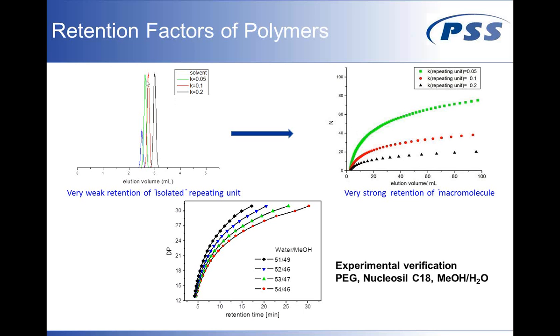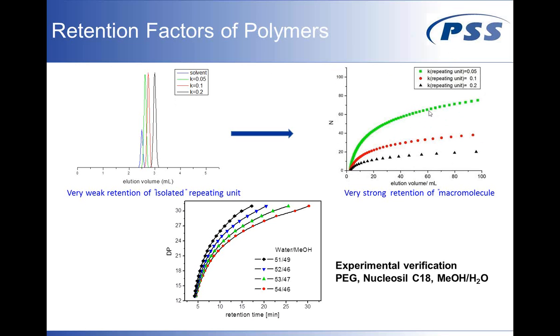As you can see here, for this example where the repeating unit is only 5% longer adsorbed than the solvent, or is eluting only 5% after the solvent, if you increase the chain length, where n here is the degree of polymerization, if you go to higher and higher degrees of polymerization, you rapidly end up at 100 minutes of retention time for the polymer itself.